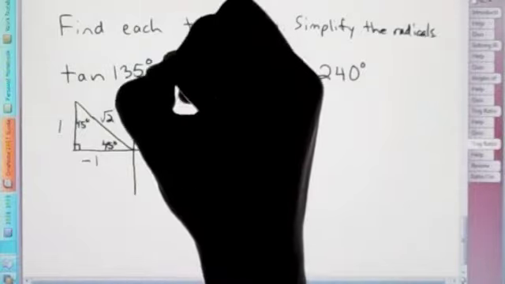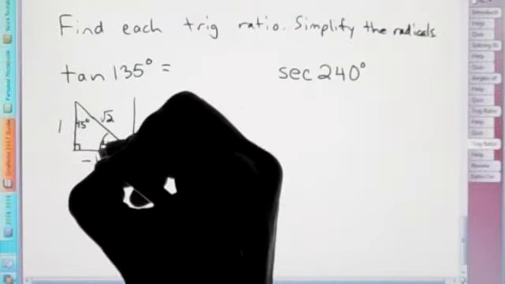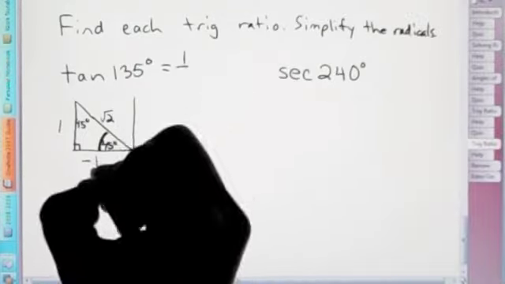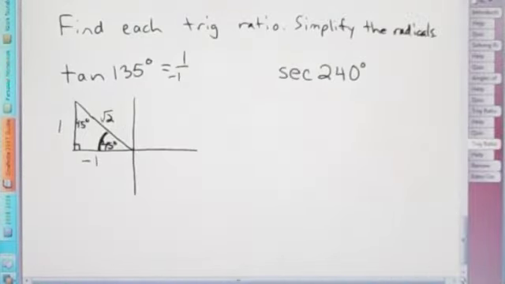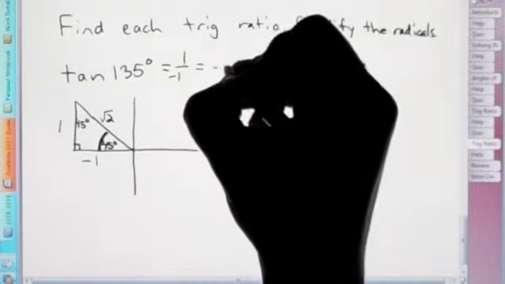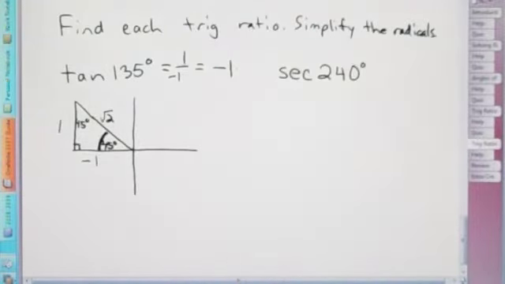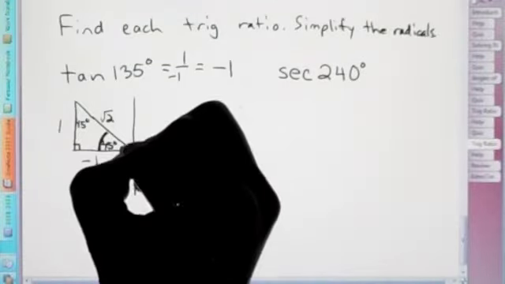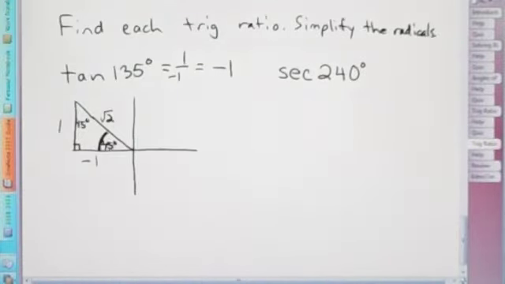So the tangent from our terminal angle is opposite, 1, over adjacent, negative 1. So our final answer is negative 1 for the tangent of 135 degrees. Again, graph your angle, put your terminal side, and create the triangle. We have to figure out how many degrees are underneath the terminal side.